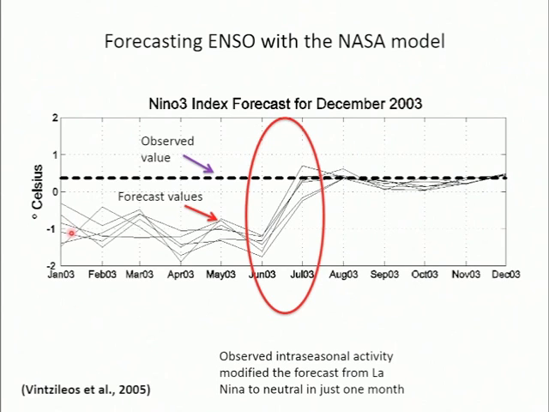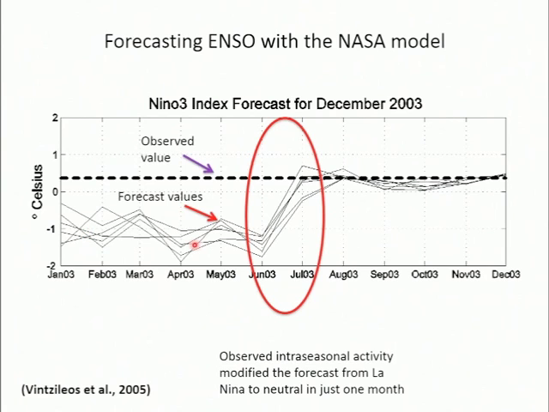The forecast values are as a function of initialization time from January 2003 to December 2003. The thin lines show the forecasts of the NINO3 index with the model, and the thick dashed line shows the observed NINO3 index for December 2003.